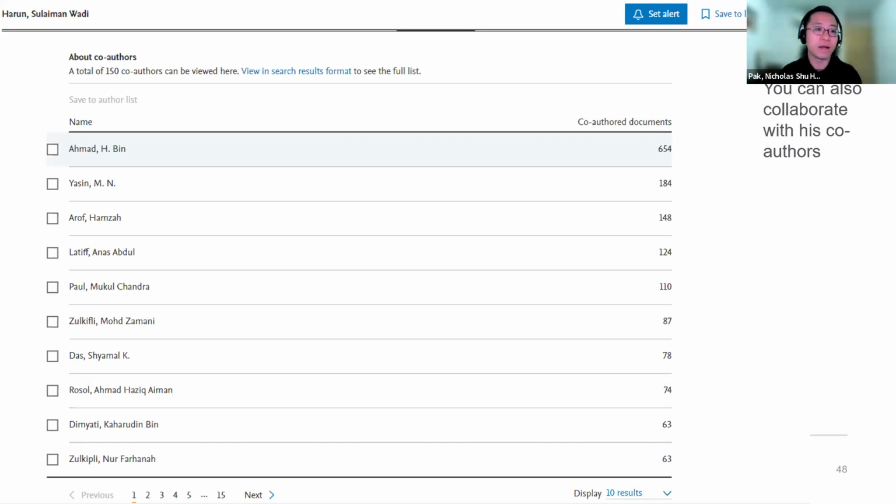So if you're not sure about this particular author you're looking at, but you're interested in some of the works, what you can do is to take a look at the co-authors. You can go to their Scopus author profiles and then take a look at their work that they're publishing. I think this is a very open, very clear, very transparent, and very organic way for you to really expand your network. And I would highly encourage you to be able to do all of this because I think it just makes collaboration a lot easier.